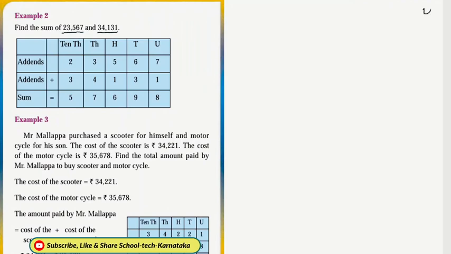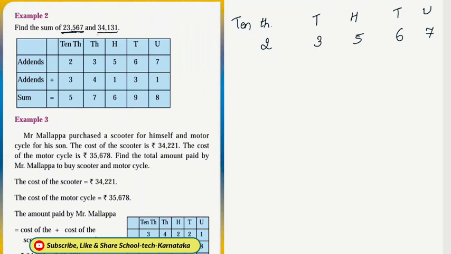So at units place, tens place, hundreds place, thousands place and 10,000s place. So 23,567. If we want to write this in place value chart, we start from units place. 7, 6, 5, 3 and 2.